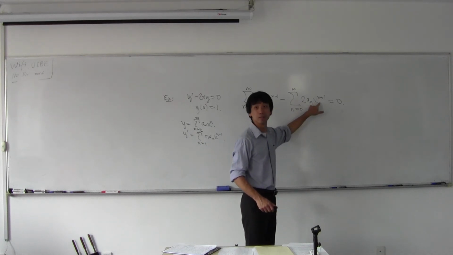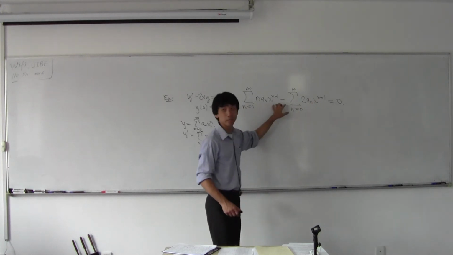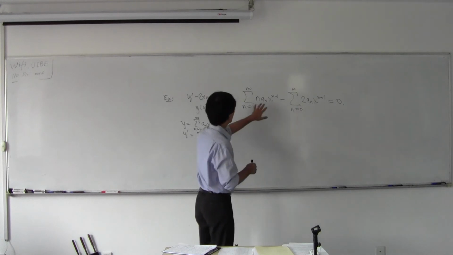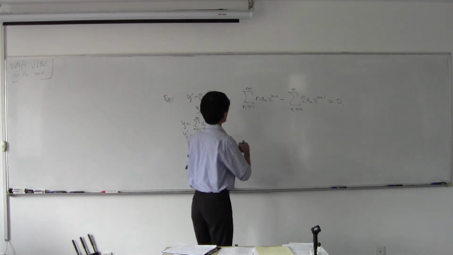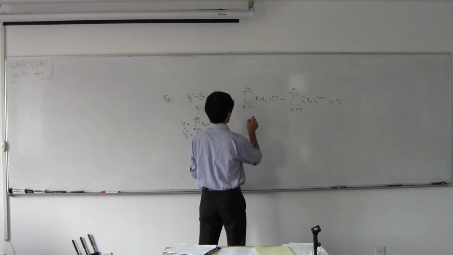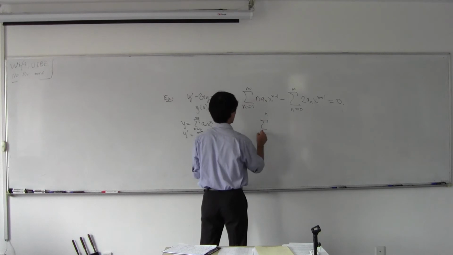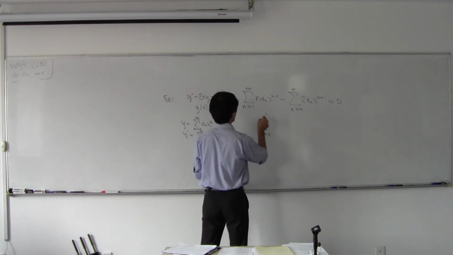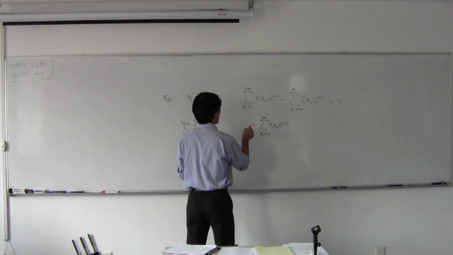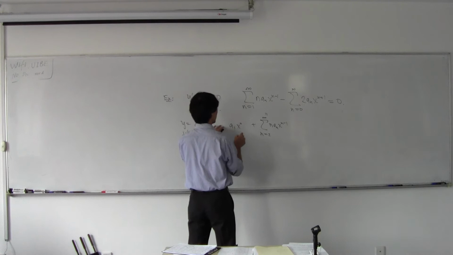I'd like them both to start at x to the 1. So I'm going to take out the first term here, the n equals 1 term. So this is going to be summation n from 2 to infinity, n a sub n x to the n minus 1, and the n equals 1 term, a1 x to the 0.